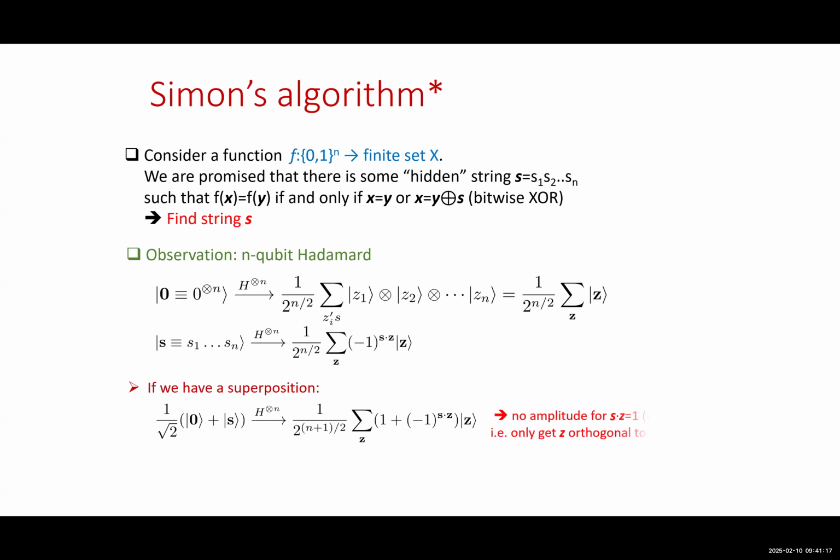The implication is that look at this, the sum here will vanish if s·z is 1. So if s·z is 1, then this term is gone. What you're left with are those z that are orthogonal to s. So we're going to use this property to implement the algorithm.